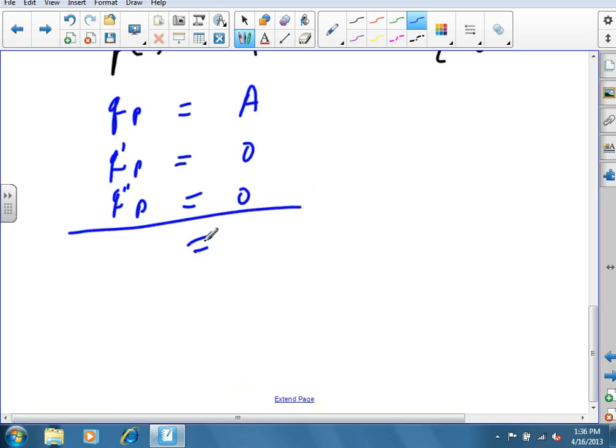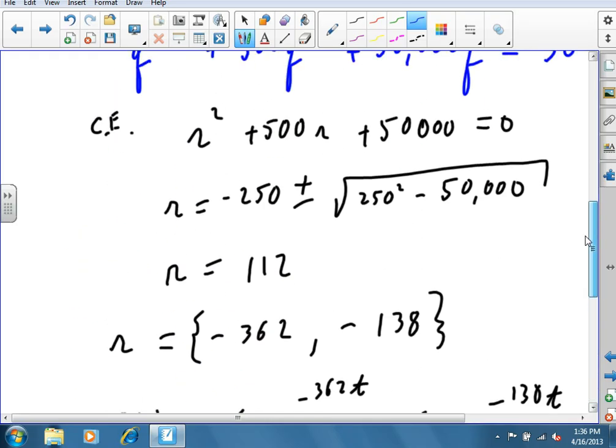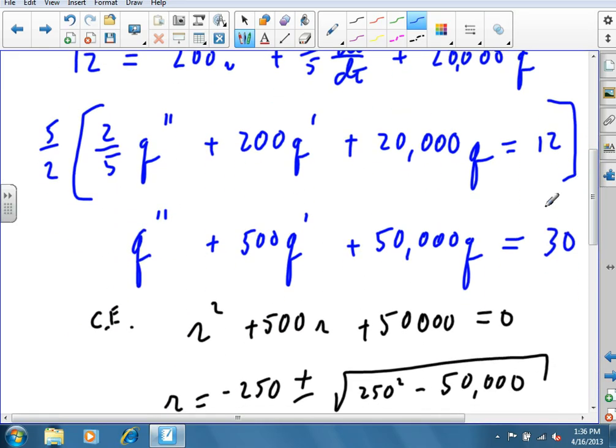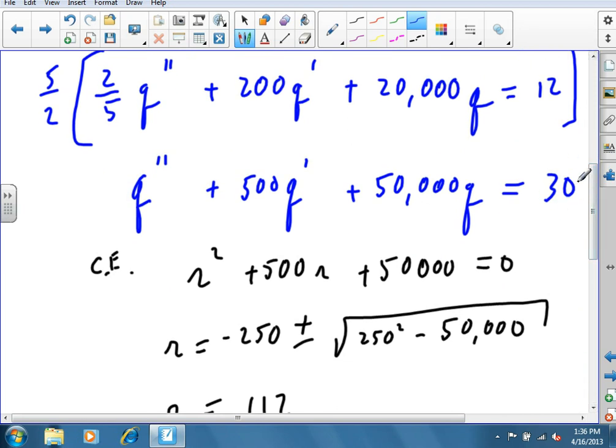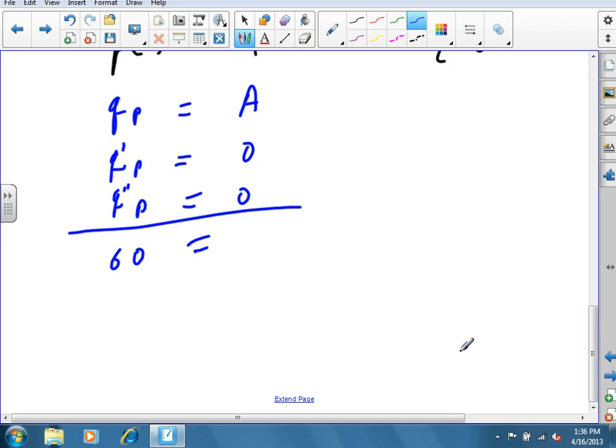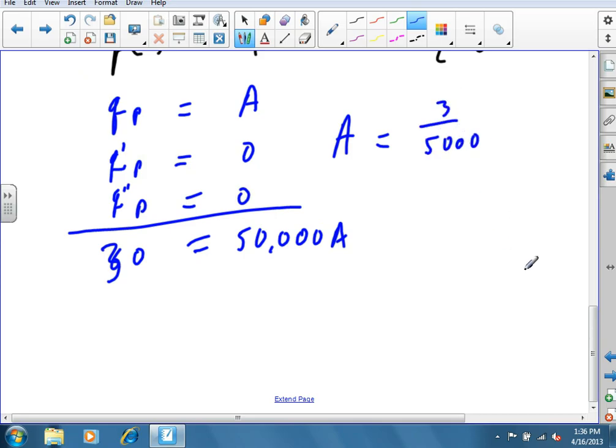When I get done, I need 30 of them. I'm multiplying by 50,000, so 50,000 A is really a 30. So A is going to be 3 over 5,000.